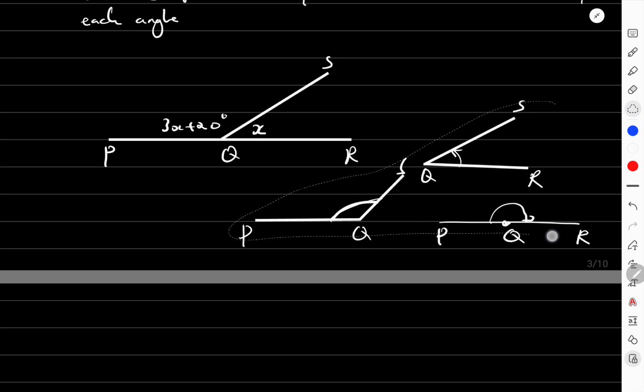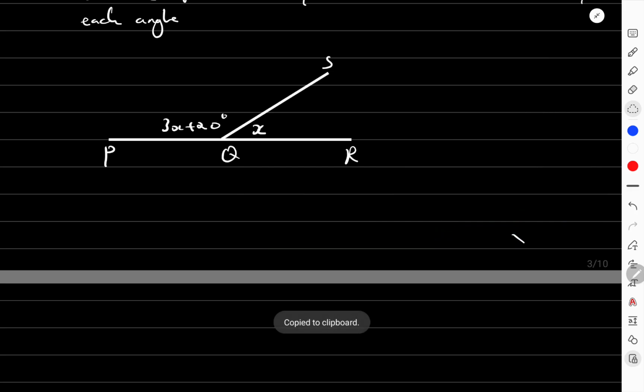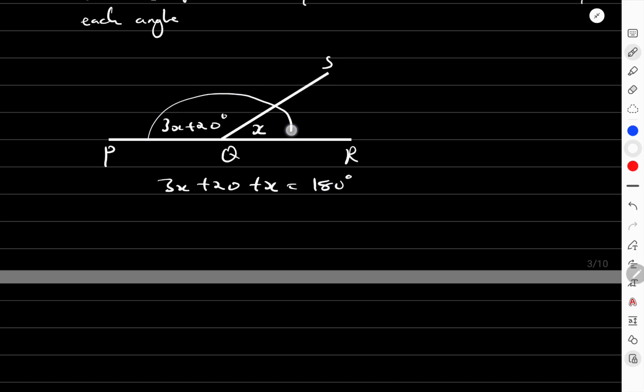Therefore I'm going to have 3x plus 20 plus x combined giving 180 degrees, because all of these angles are within a line that does not curve. Therefore the reason is angles on a straight line, sum of angles on a straight line.